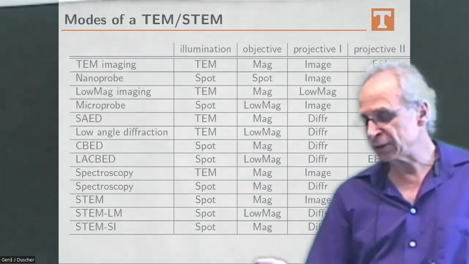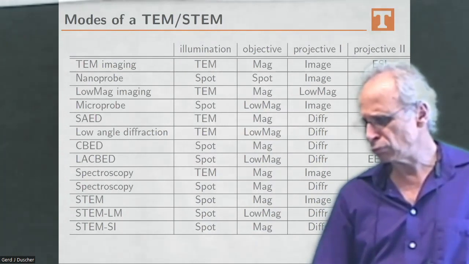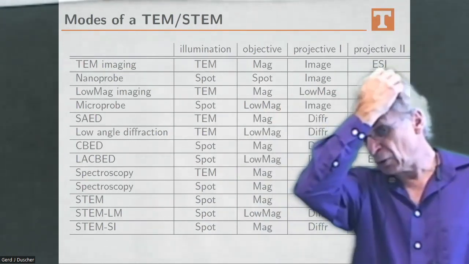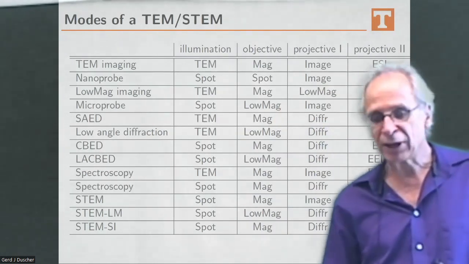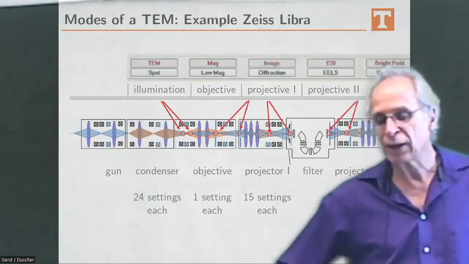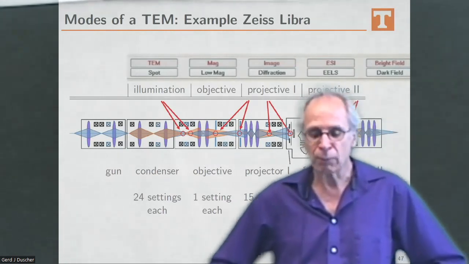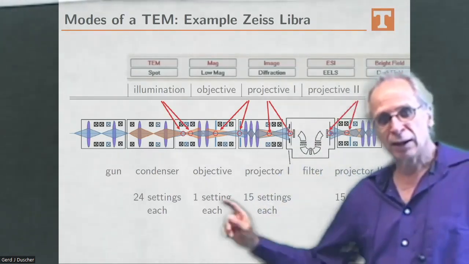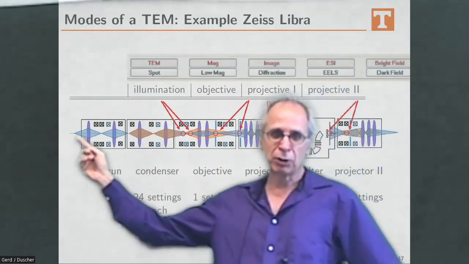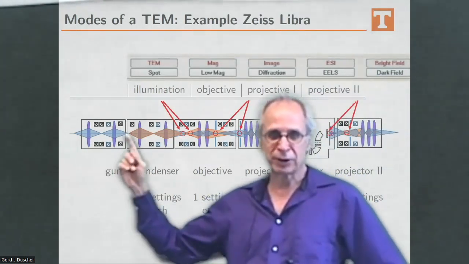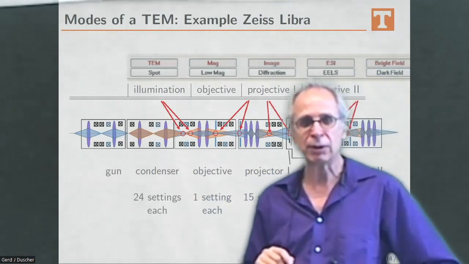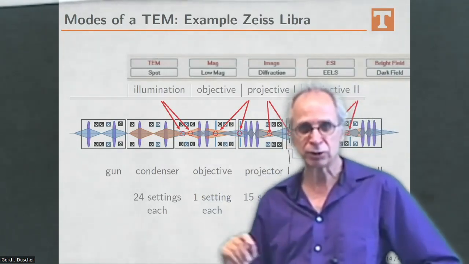The illumination is, that should be condenser here. So we have different modes here, and we have actually only a few different parts of the microscopes that we are changing. The electron microscope on most instruments has it on the top, in a dedicated STEM on the bottom. Maybe more manufacturers will change to that.